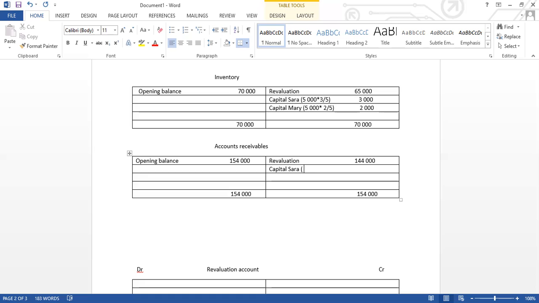Okay, can we quickly continue? Yes, Sarah. So 154,000, what is the decrease amount in the accounts receivable? What is the loss on the revaluation? 10,000. In this case, it will be 10,000 times 3/5, which will give us 6,000.